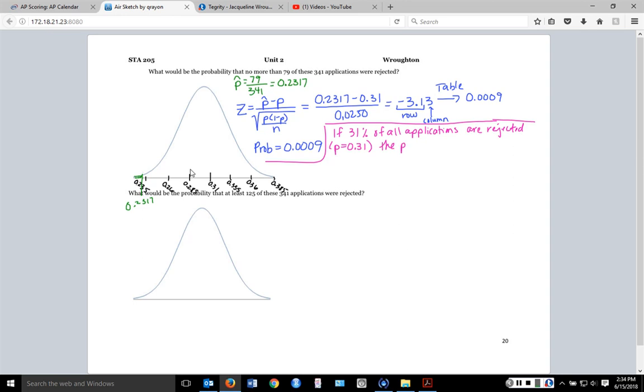The probability that no more than 79 of the 341 applications were rejected is our 0.0009, or if you're asked for a percentage, multiply by 100%, and that would be 0.09%.